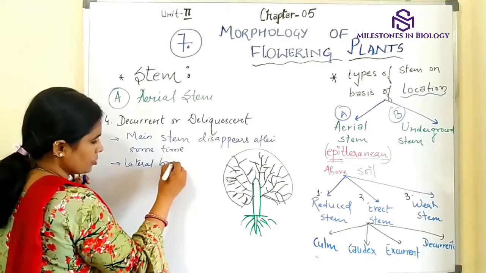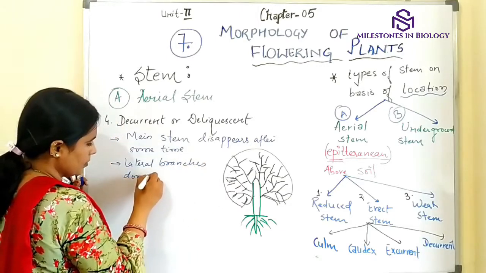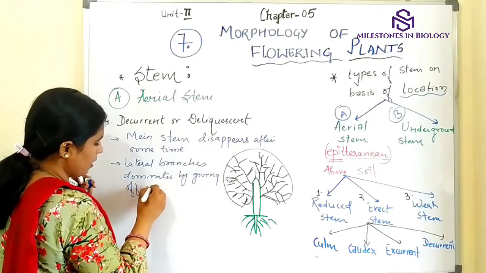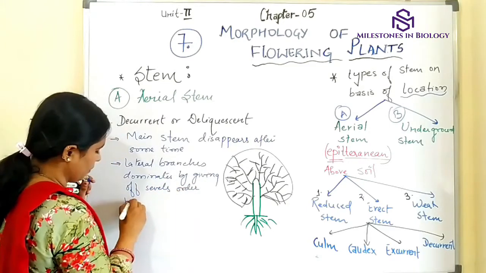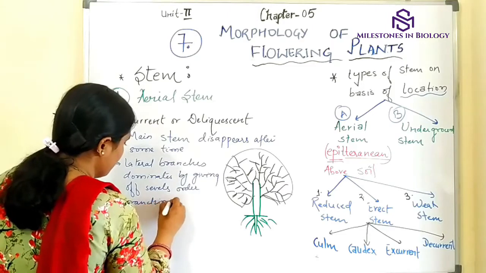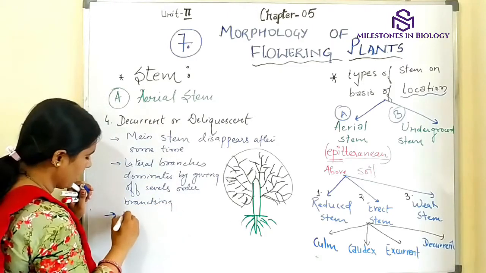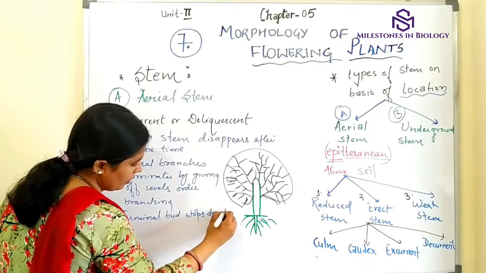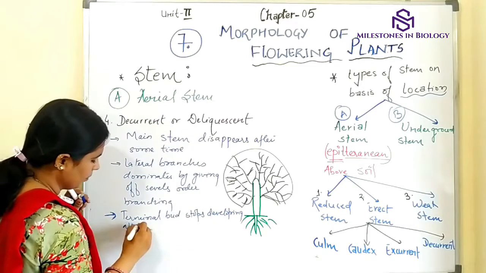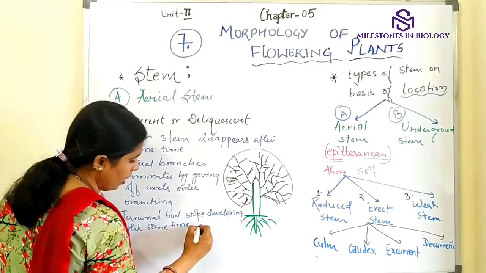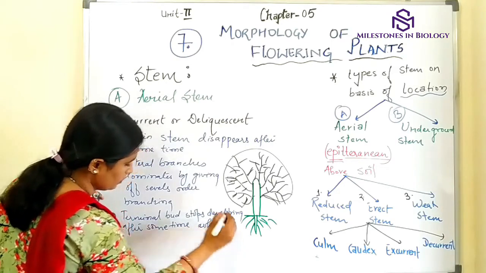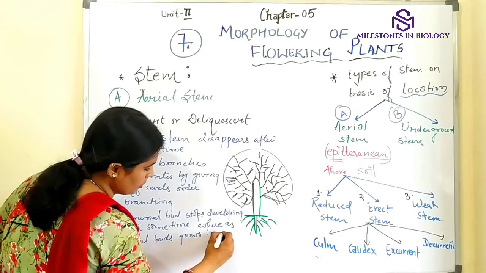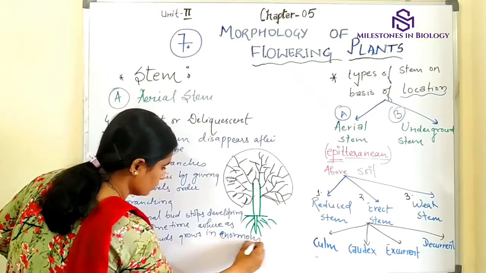The main stem disappears after some time. Lateral branches dominate by giving off several orders of branching. You can also say the terminal bud stops developing or growing after some time, whereas lateral buds grow in enormous amounts.